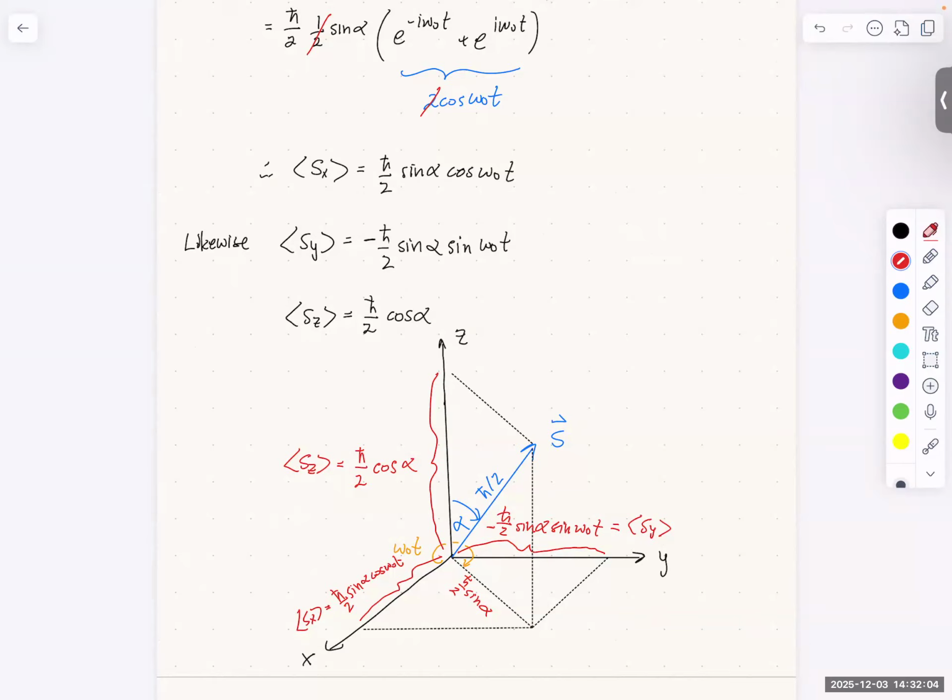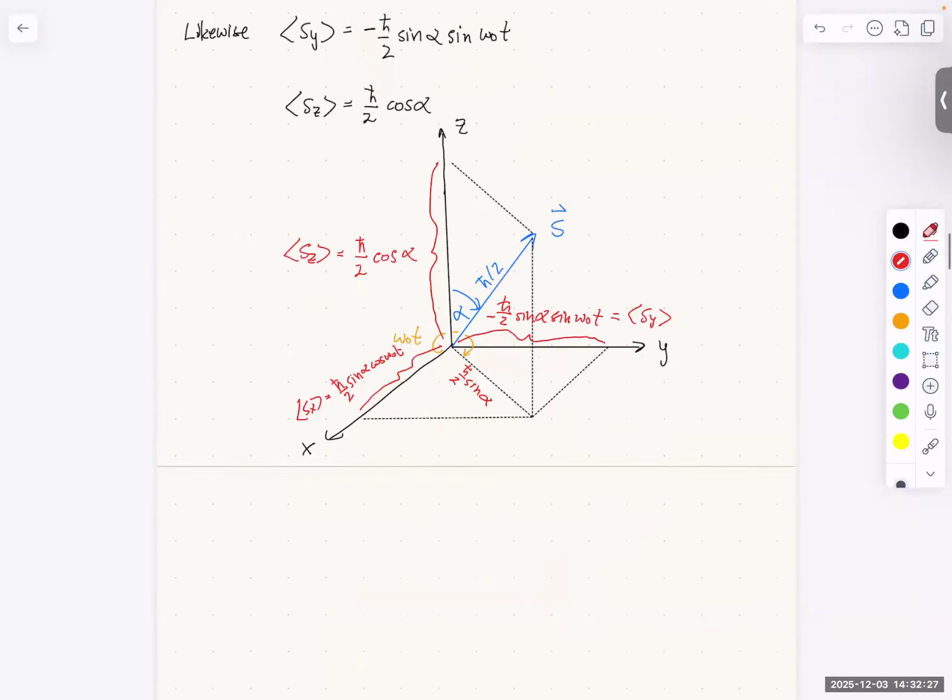The length of those two, sx squared plus sy squared, will be constant, but the direction will be constantly changing. And so this is called spin precession. The spin precesses around the static field that you created. So our static field is along the z-axis. Okay, good.